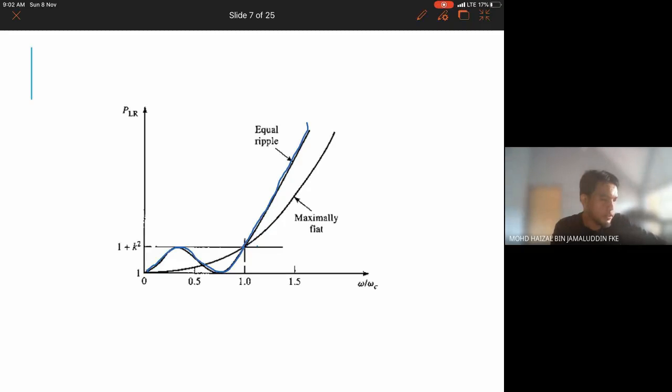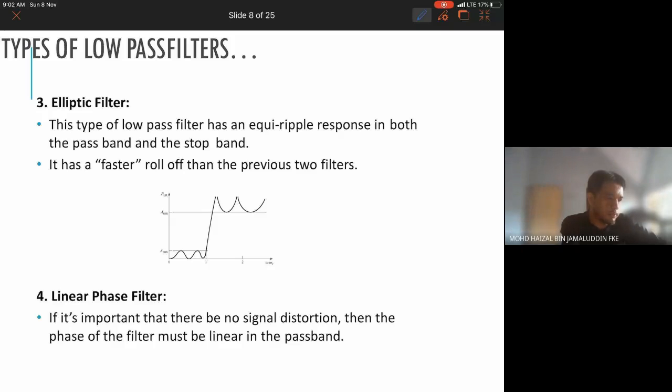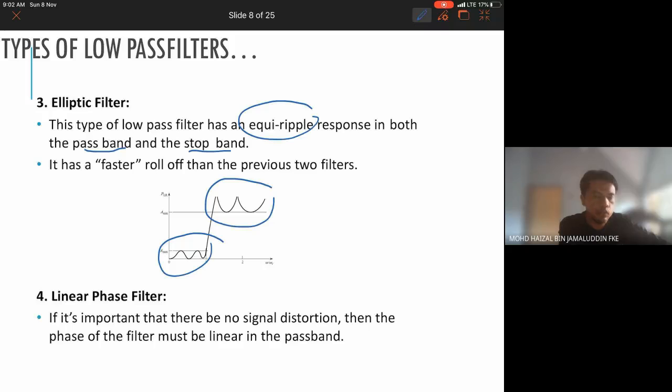So elliptical filter has an equal ripple response in both pass band and stop band. So it has a ripple on the pass band and stop band. And another type of filter is called the linear phase filter. It is important that there be no signal distortion and the phase of the filter must be linear in the passband. So the keyword here is focusing on the phase of the filter for the linear phase filter.